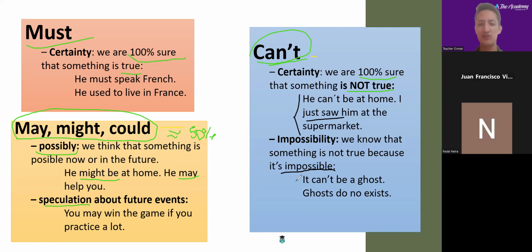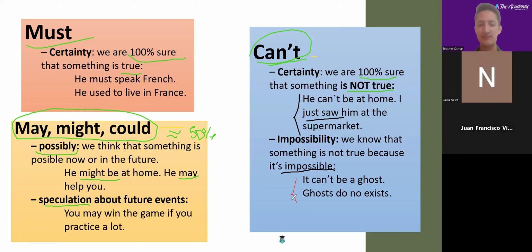It can't be a ghost. Ghosts don't exist. No puede ser un fantasma, los fantasmas no existen. Exactly. Very good. Remember, we are 100% sure that ghosts do not exist, okay? So, Paula and Juan Francisco, is it clear? Is it clear, the modals of deduction? Yes, teacher.